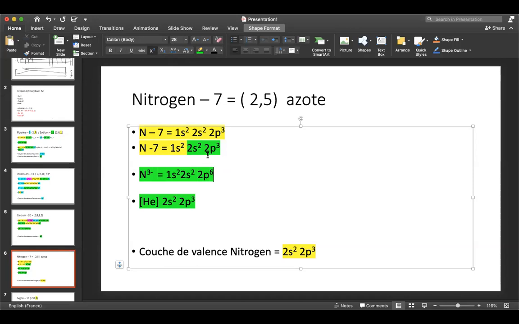Elements on the periodic table will always want to gain or lose electrons to satisfy the octet rule. When I say octet rule, it's that rule that you were learning, that they always want to be in stability. That is the octet rule. Atoms will always want to be in a stable form. So we have 2 plus 2, that's 4. 4 plus 6, that's 10, and the noble gas with 10 electrons is neon.